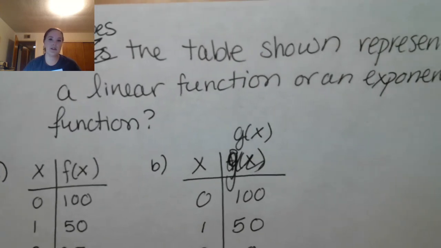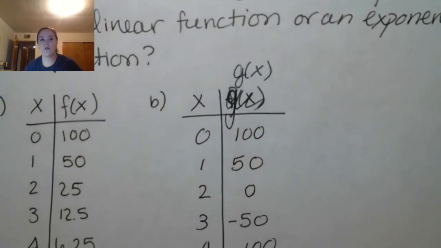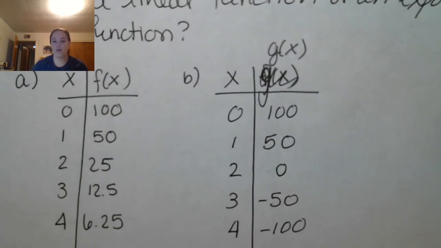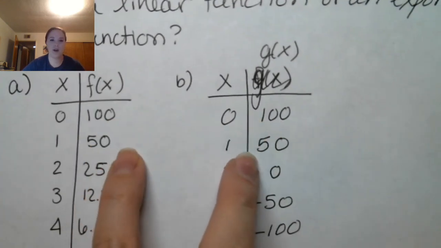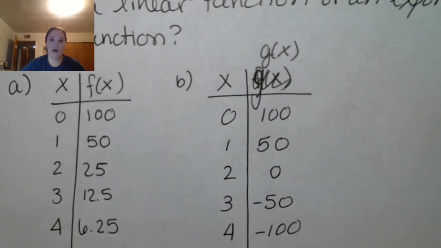So it says, does the table shown represent a linear function or an exponential function? Okay, and you can see that the two functions shown here are pretty similar. Okay, in fact, they have the same first 2 points. Okay, so we're looking at as x is increasing by 1, what's happening to the y value?